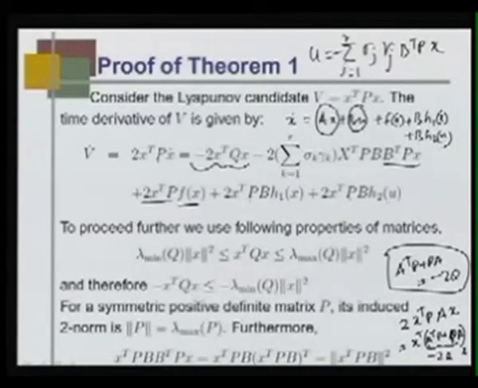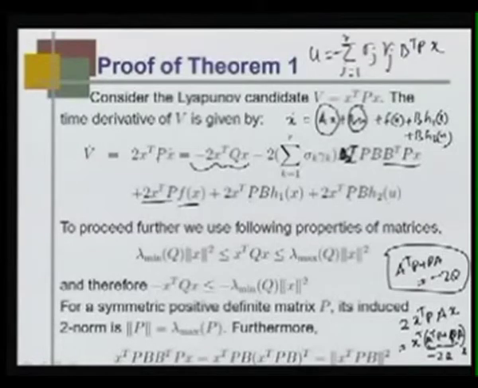This is my maximum eigenvalue of P. Furthermore, looking at this expression, I am very sorry, this is not capital X, this is small x, bold x. x is a vector.